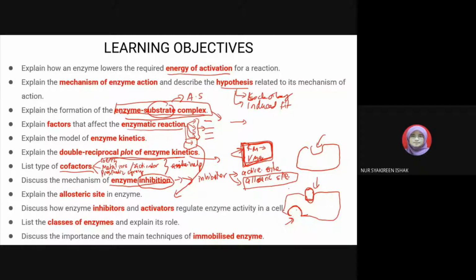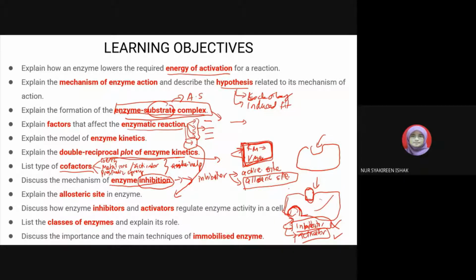So the presence of this allosteric site will allow either an inhibitor to bind to the allosteric site or an activator to bind to the allosteric site. Okay, so obviously if the inhibitor binds to the allosteric site, it inhibits the enzyme reaction. So if an activator binds, it activates the enzyme.